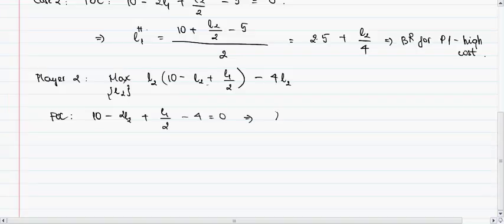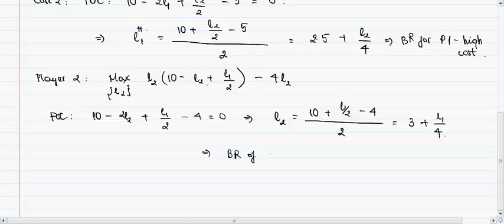Therefore, L2 is going to be equal to (10 plus L1 divided by 2 minus 4) divided by 2. 10 minus 4 is 6, 6 divided by 2 is 3, and L1 over 2 divided by 2 gives L1 over 4. So this is the best response function of player 2.